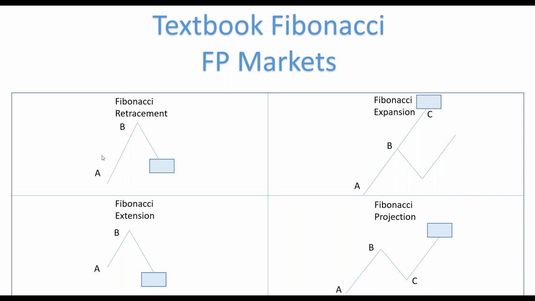So look, quite simply, a fib retracement tool can be applied, assuming we're in an uptrend, from the higher low to the higher high. So the higher low is point A, the higher high is point B. The tool will then section off defined fib retracement levels at these points here to look at as price retraces.